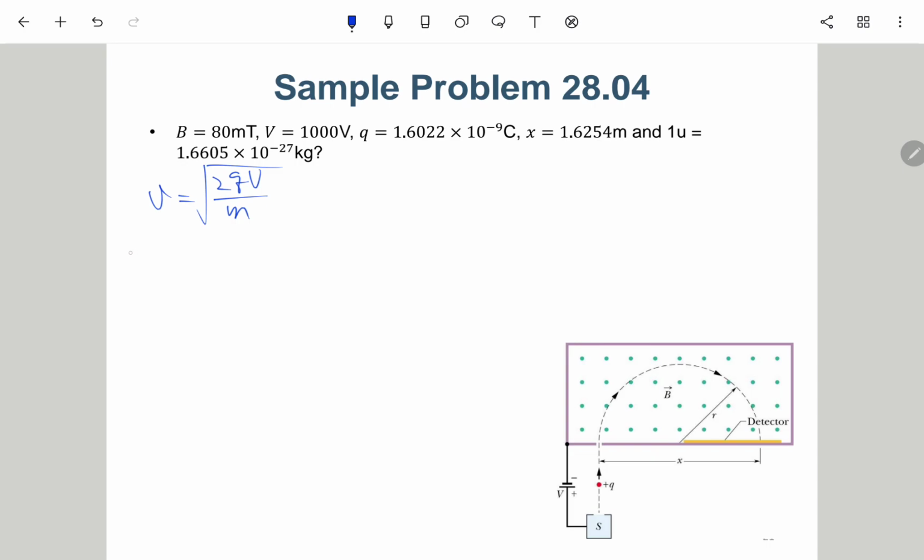Okay, next we know R equals mv over QB. Okay, so we can just put this v into here. So we have m over QB, and then we have this square root of 2QV over m.